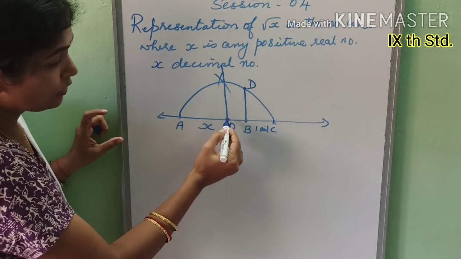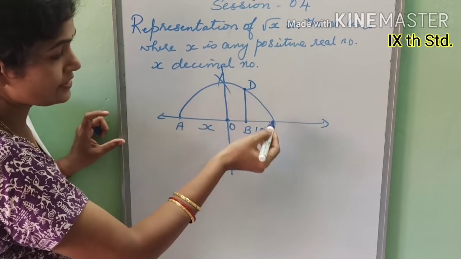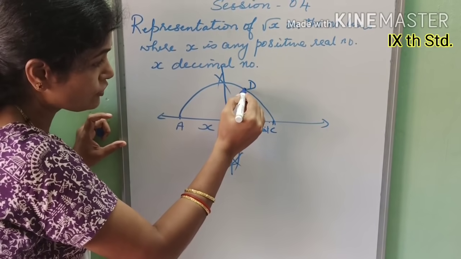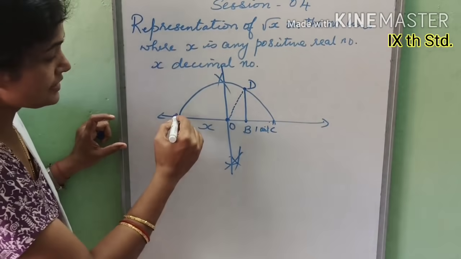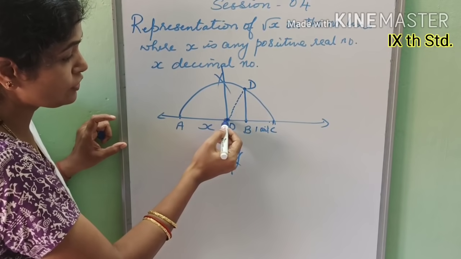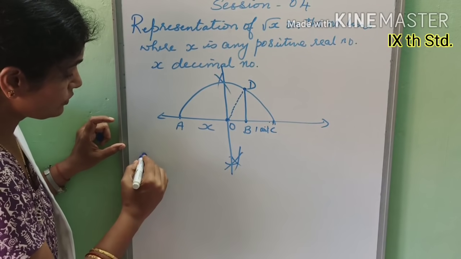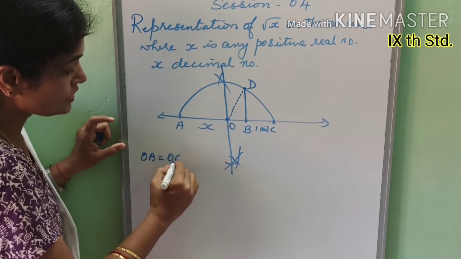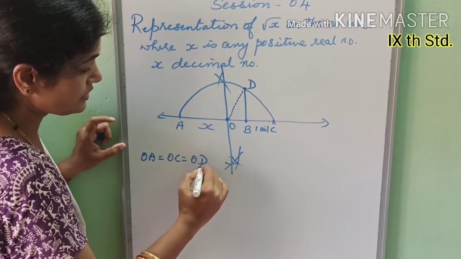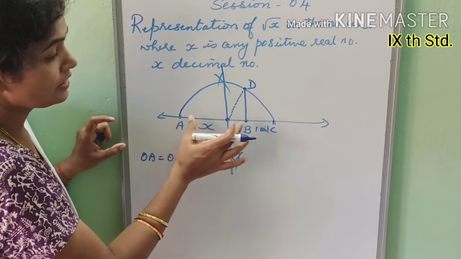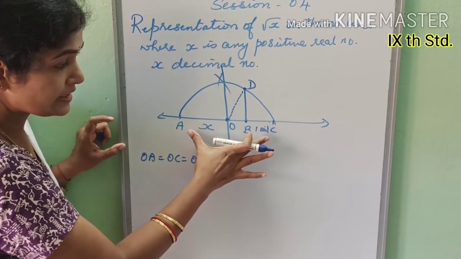Now you look at OA, OC are the radius of this semicircle. If I join O to D also, this O to D is also the radius of this semicircle. That means OA, OC and OD are all the radii. OA is equal to OC, that is equal to OD. Right? So what is the radius of all these things? It is half of the entire AC we have taken.